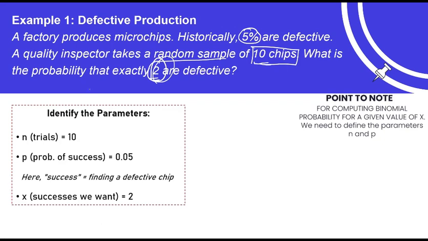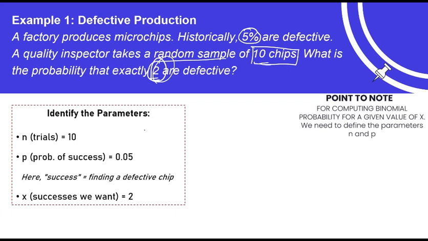Now you have here the 5% defective. Here finding a defective item is your success. Don't think that finding a defective is a failure. The question is set in such a way that this particular quality inspector is in search of a defective item, and that's why defective is taken as his success, because his job is only to find defective items.